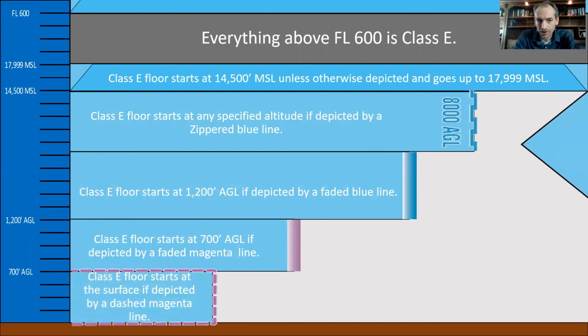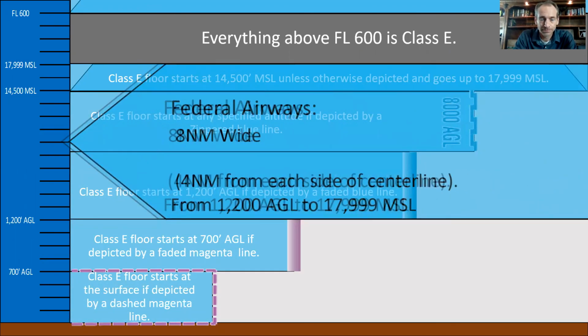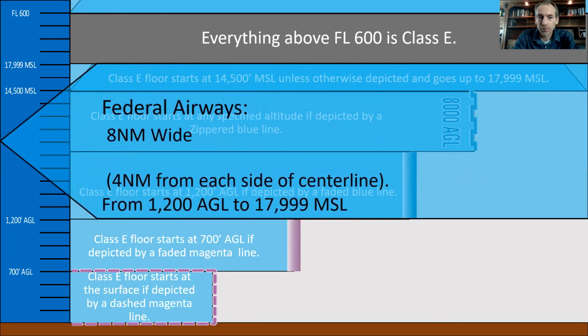Class E floor starts at the surface if depicted by a dashed magenta line. Your federal airways, they're 8 nautical miles wide, 4 nautical miles from each side of the center line, and they're from 1,200 feet AGL up to 17,999 MSL. And everything else is going to be Class G.